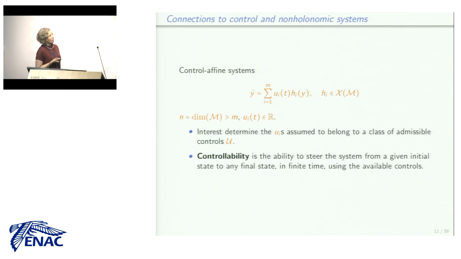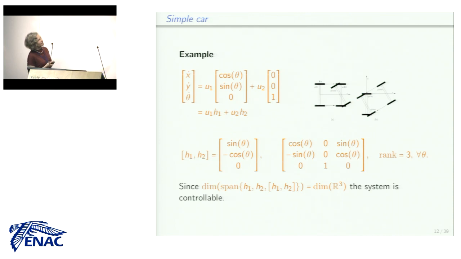All right, so in order to do this, I need to analyze this dynamical system. And I need to do it independently of the choice of the u's, or assuming that the u's are just functions belonging to this space. Okay, let us see a simple, very popular example, which is the control of a simple car.